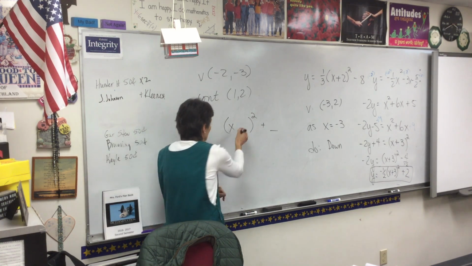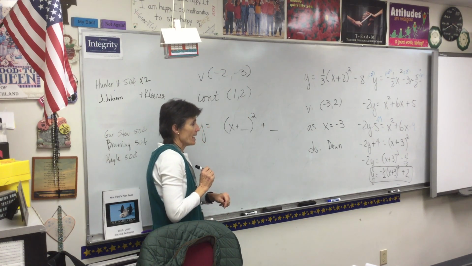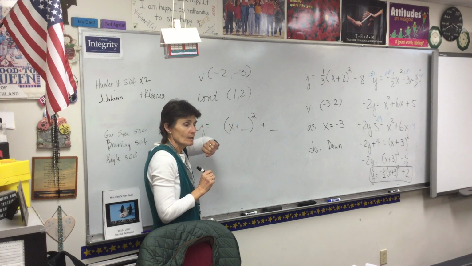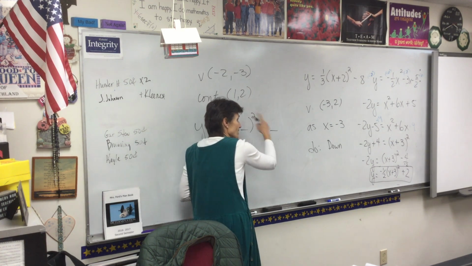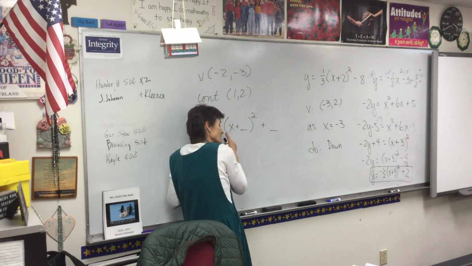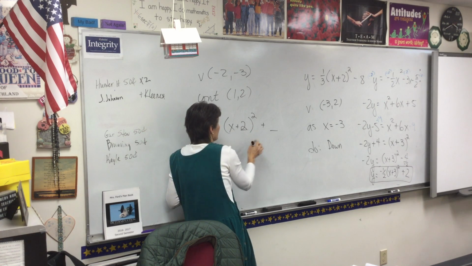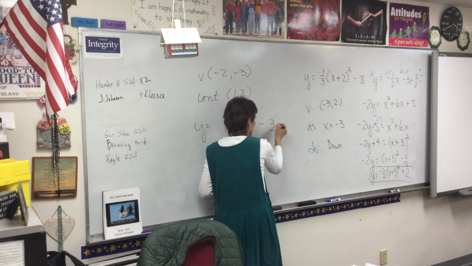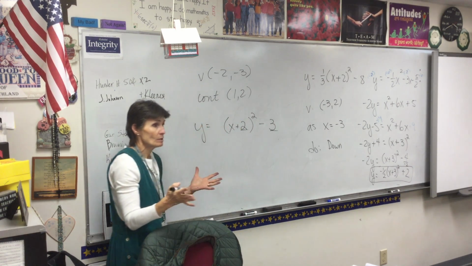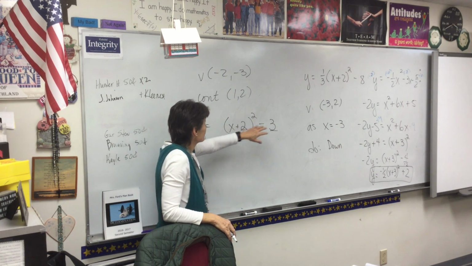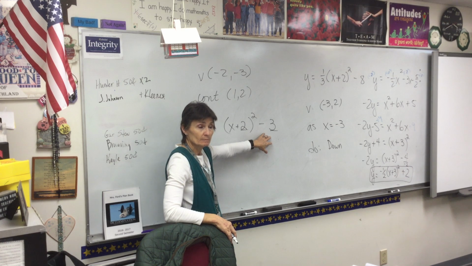And I know the vertex is negative 2, negative 3. So what would that have to look like in the equation if it's -2, -3? Throw 2 in that blank. X plus 2, minus 3. Does that make sense to you? Yeah. That would be the vertex of -2, -3.